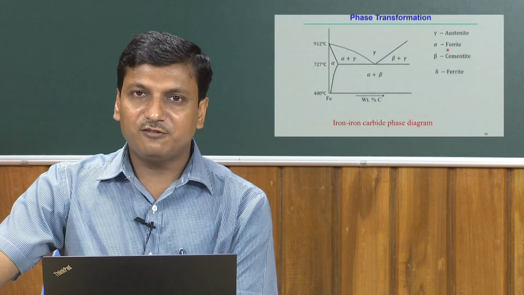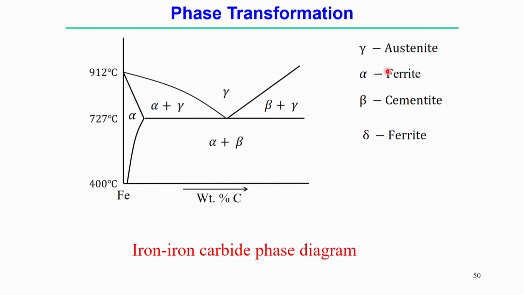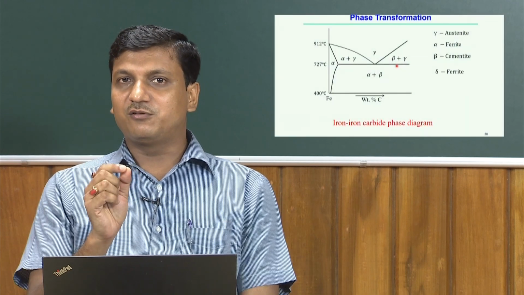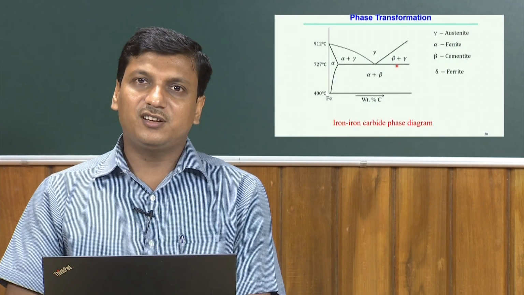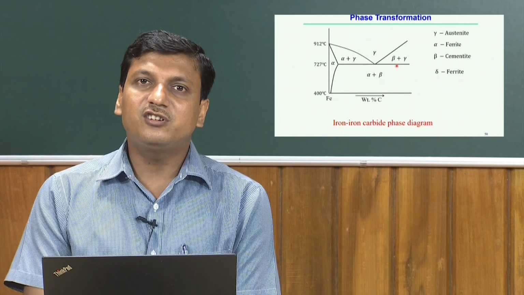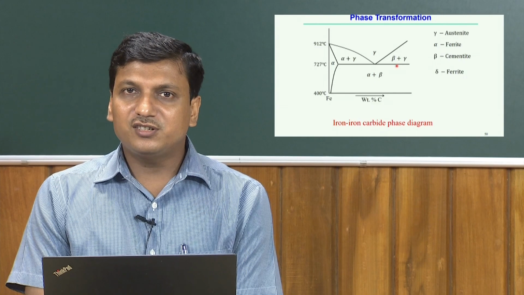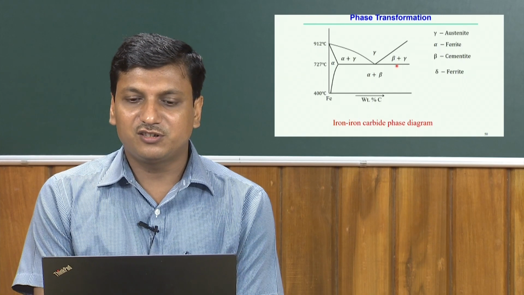Then another phase is the alpha ferrite. Sometimes it is just called ferrite or alpha ferrite. Here you can see the alpha ferrite phase exists at a very low percentage of carbon. The maximum solubility limit of carbon within this phase is, I think, around 0.02 percent.